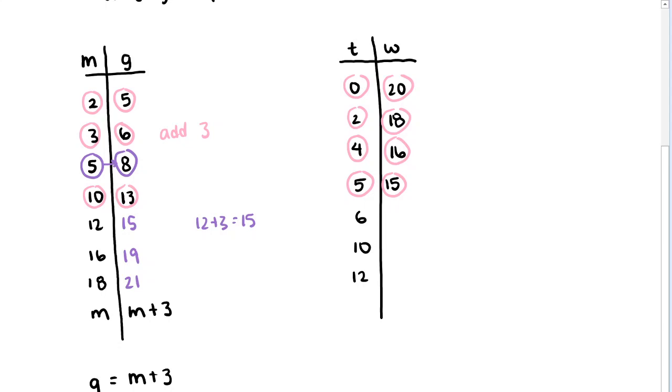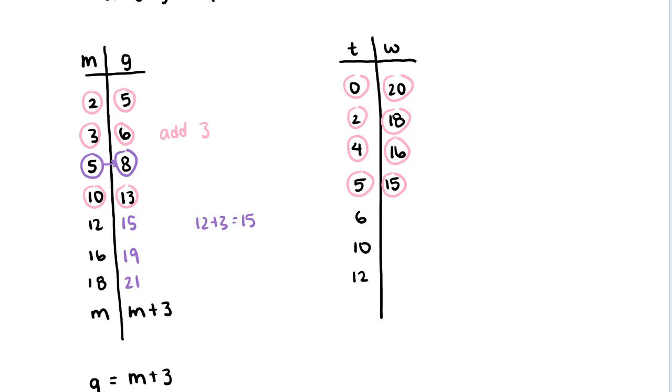I would encourage you to pause the video. That might be a lot to take in, but check that this is really true for all of the pairs we've tested so far: if we take our value of t and subtract it away from 20, we get our value w. So what would the corresponding value of w be when t is 6?